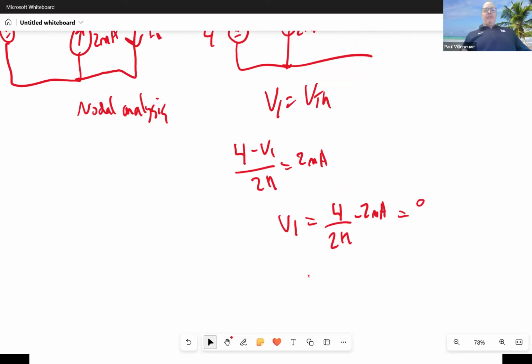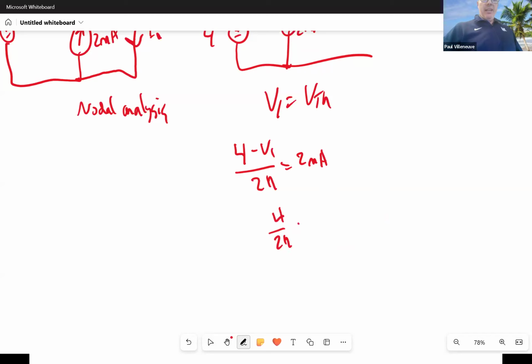Oh, no, wait a minute, this can't be right. I did it incorrectly. I thought the current source was 2 amps, not 2 milliamps. I've got to multiply by 2K, yes. So this whole thing has to be multiplied by 2K, which means I have 4 minus... can't be right. I'm making a mistake with my math. Let me do it more accurately. So 4 over 2K minus V1 over 2K equals 2 milliamps, right?